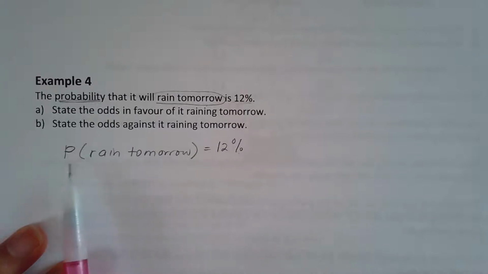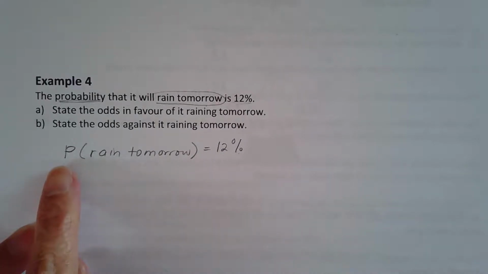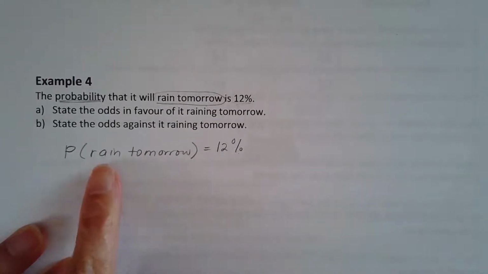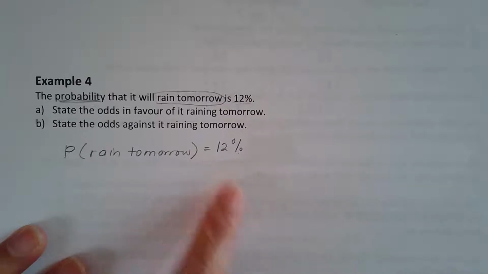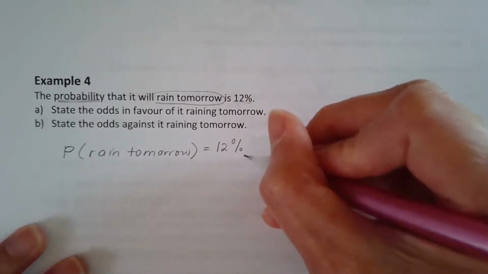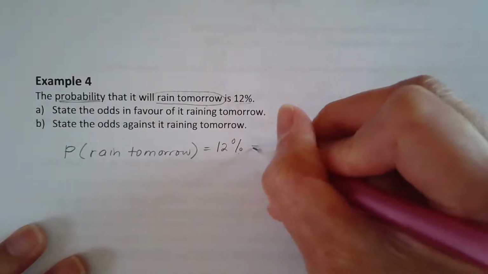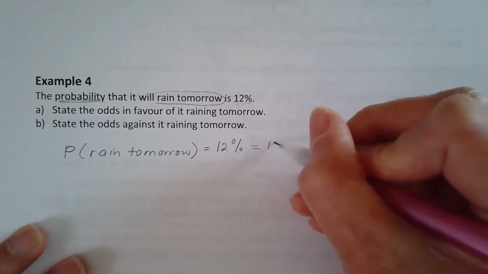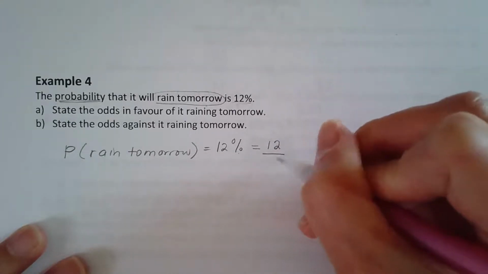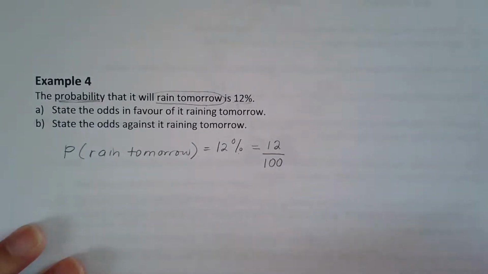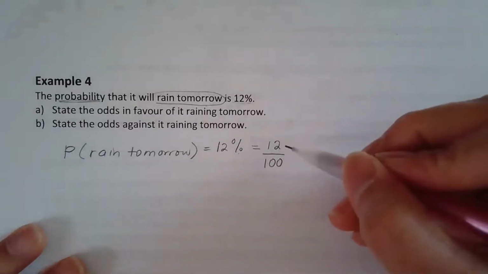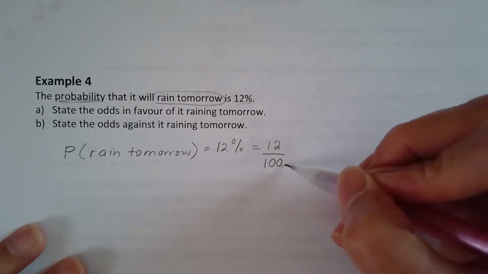We'll write that down: probability of rain tomorrow is 12%. Now, when we talk about percent, we can write that as 12 out of 100. So the chance that it will rain is 12 out of 100.